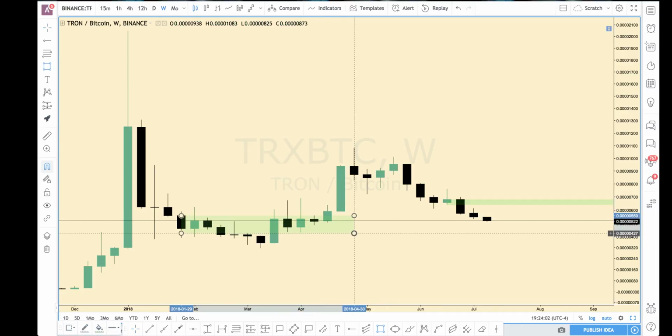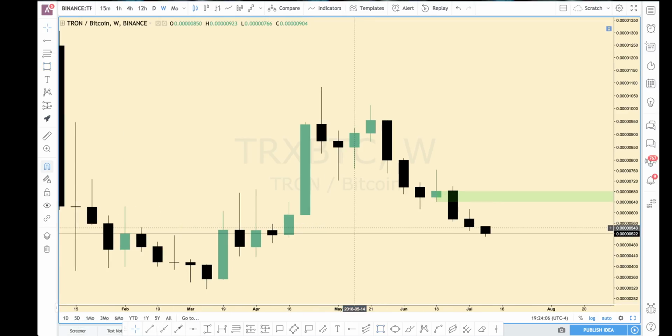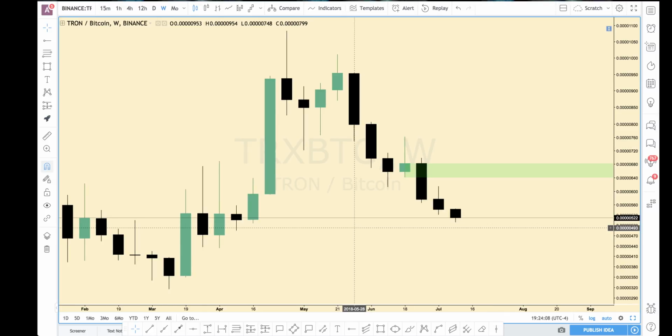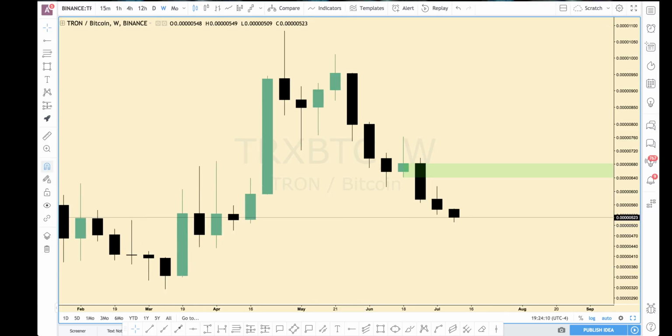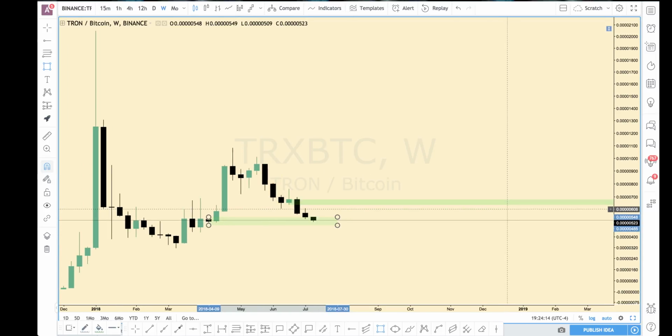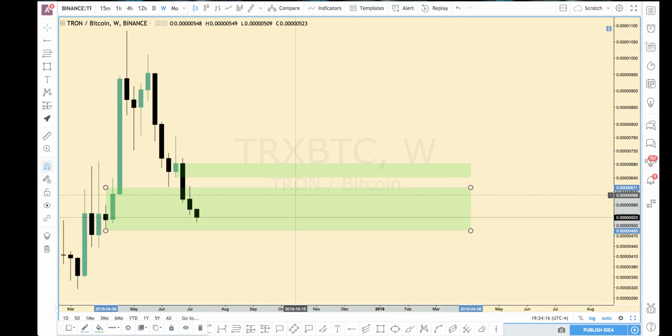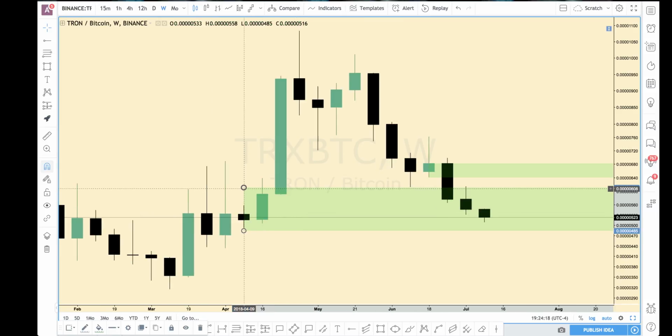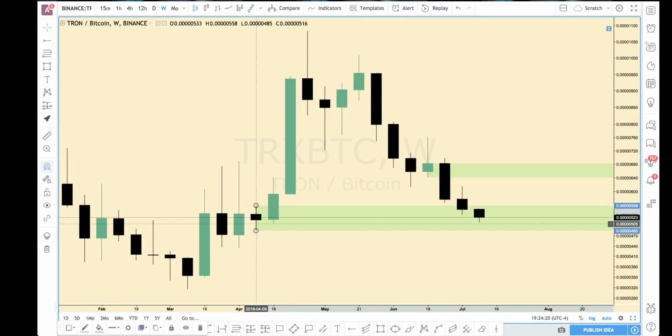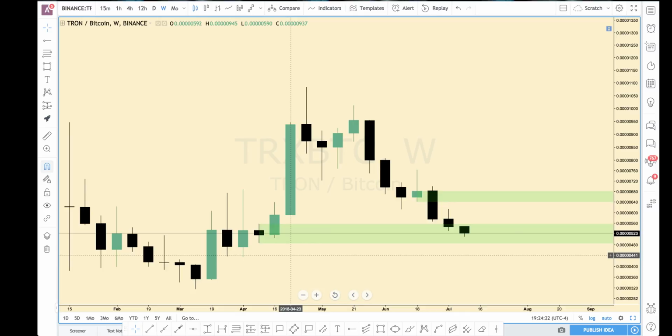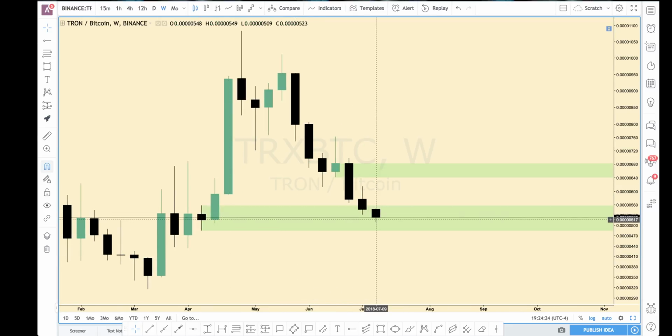It's like, where do you put the horizontal? Let's see. I could totally take that last little down doji right before the up move here. I think that makes sense, in which case we're at a support level.